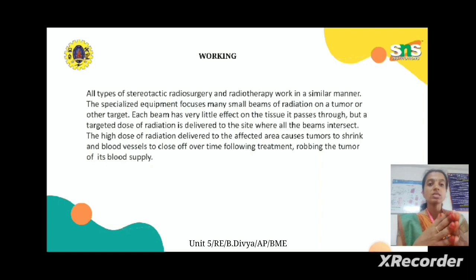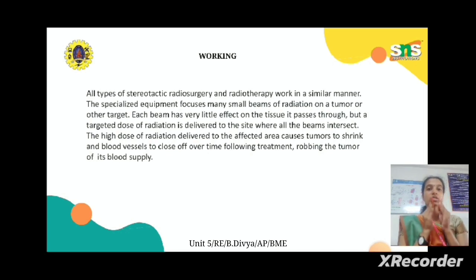Working: how does stereotactic surgery take place? All types of stereotactic radiosurgery and radiotherapy work in a similar way. The specialized equipment focuses many small beams of radiation on the tumors or other targets.